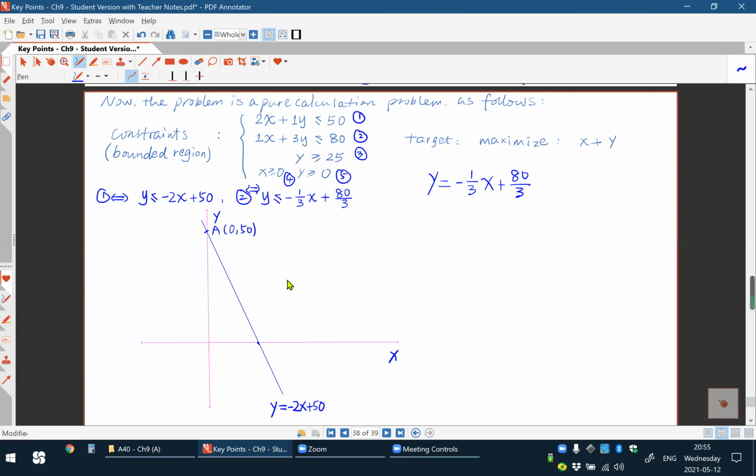Where is this line? First of all, it has a slope of minus 1/3. Minus 1/3 is smaller than the slope of the first line, I mean the absolute value. So this line is more flat, so it has a slope like this, right? Can you see that?